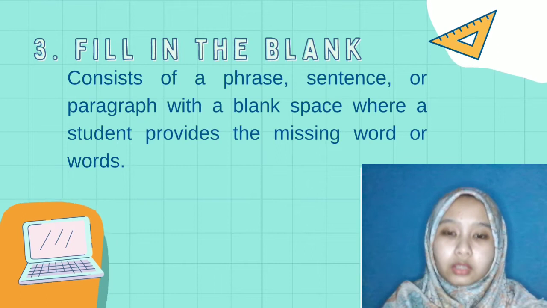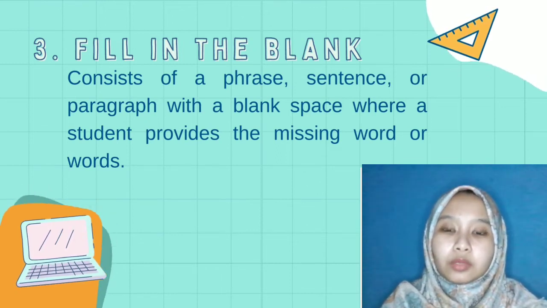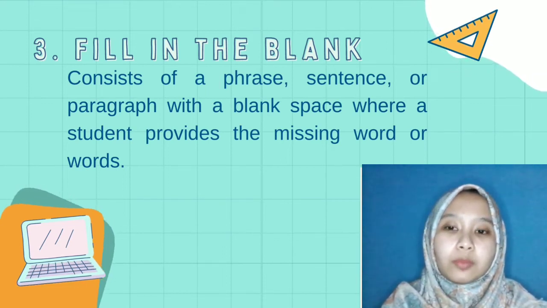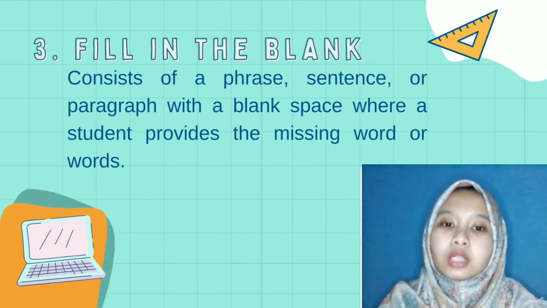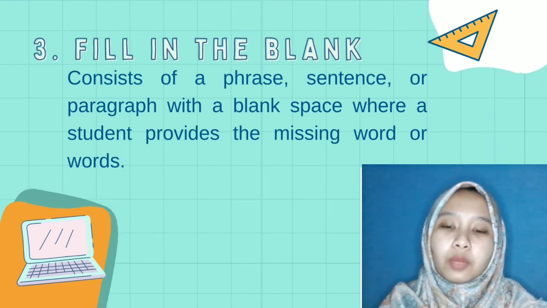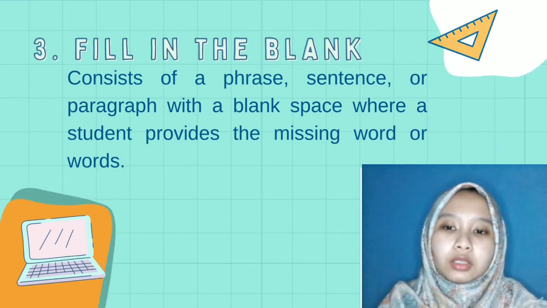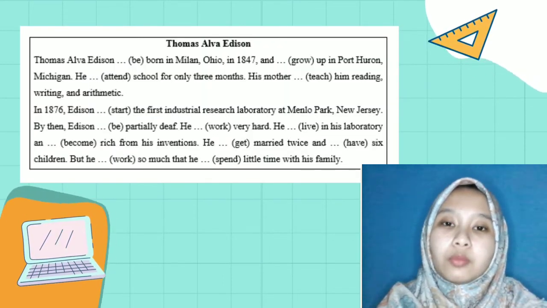Next, three, fill in the blank, atau isian melengkapi. A fill in the blank question consists of a phrase, sentence, or paragraph with a blank space where the student provides the missing word or words. Students are expected to know the exact word or phrase in order to get the answer correct. Here I have two paragraphs about the Thomas Alva Edison biography.